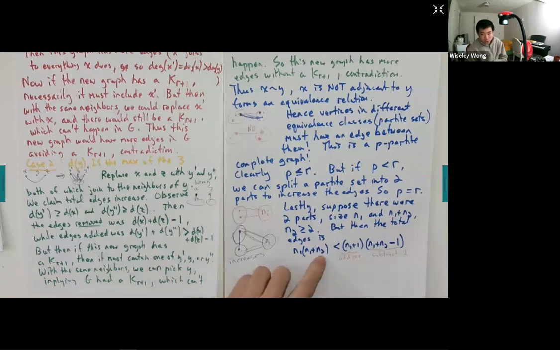This would have been in the original form, but if I shift 1 over and make it more balanced, then the number of edges would increase. You can easily check that inequality. And therefore, we've proven that this graph G must be complete r-partite, such that every part differs in size by at most 1, which is the Turán graph that we claimed at the beginning.